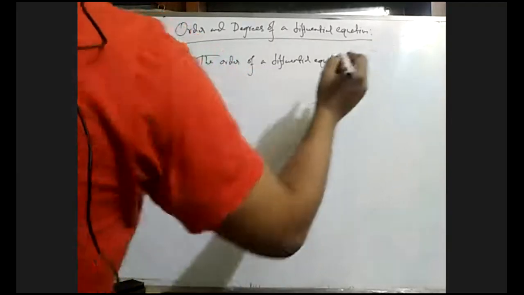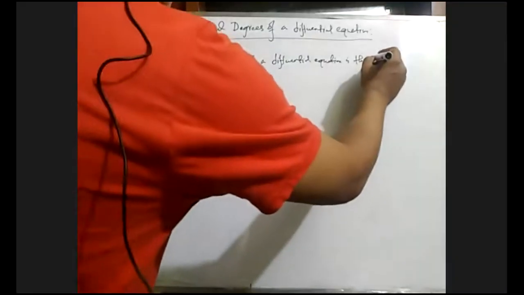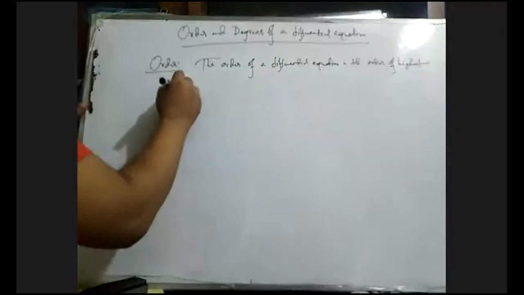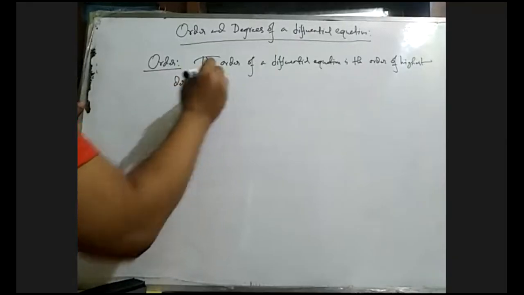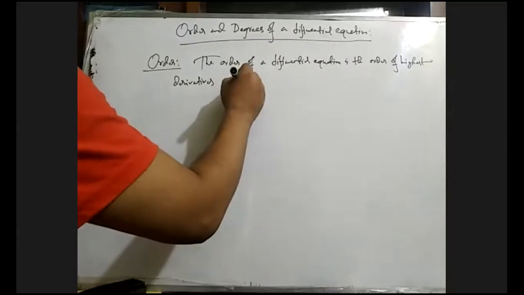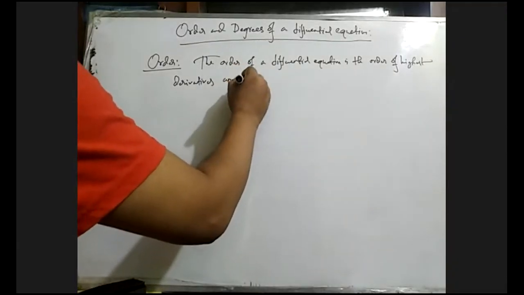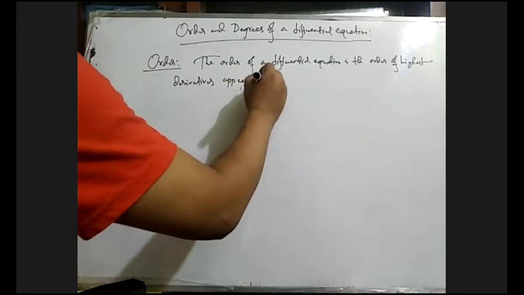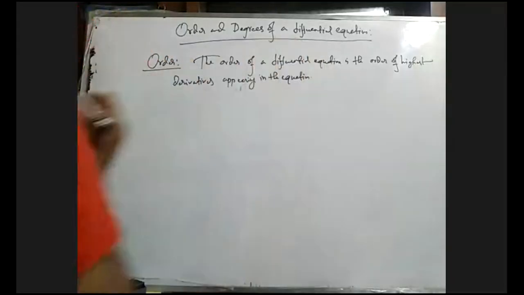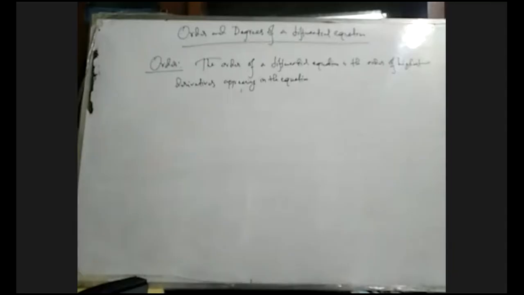The order of highest derivatives appearing in the equation, or the order of the highest derivative, differential coefficients present in the equation, is called the order of a differential equation.